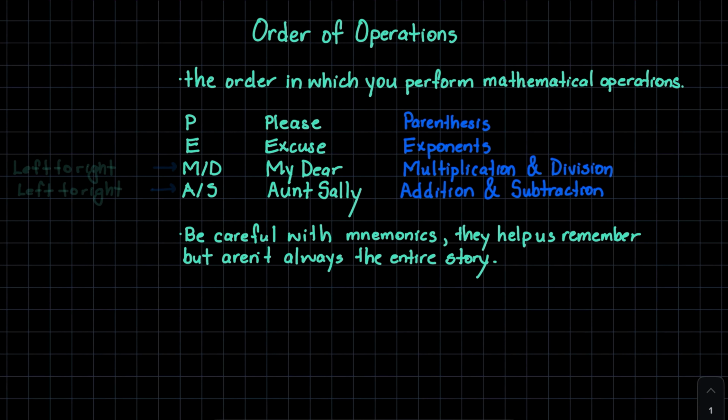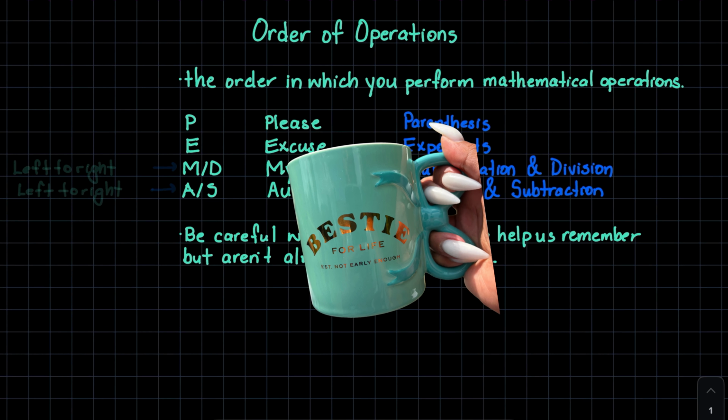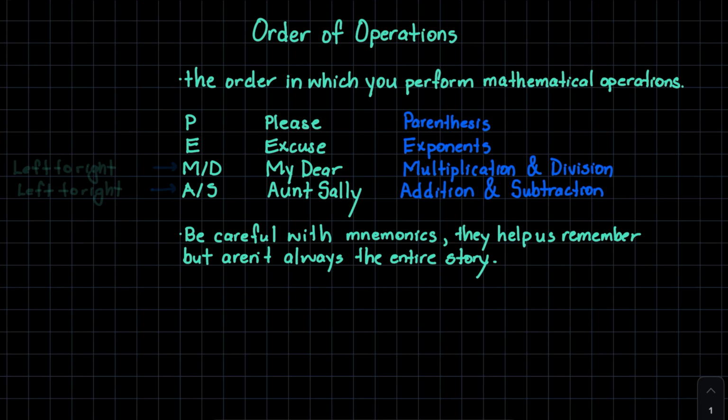Before we get started, we're going to start with some background information, which we call mint green tea. Order of operations is the order in which you perform mathematical operations. So we know in math, there isn't room for ambiguity. The answer is the answer.